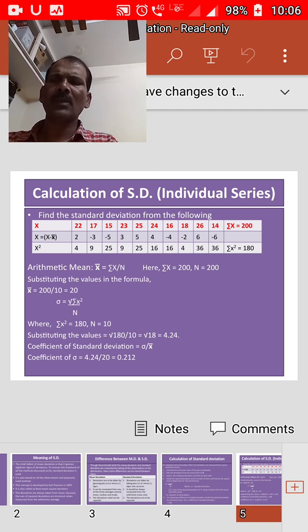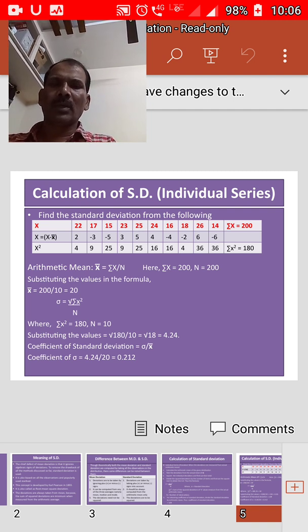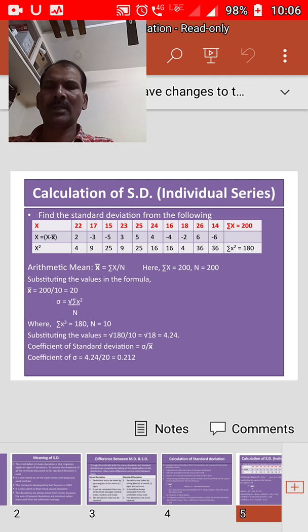We found x bar, that is 20, and based on that we calculated the deviations and squared them. Now we need to substitute these in the formula.